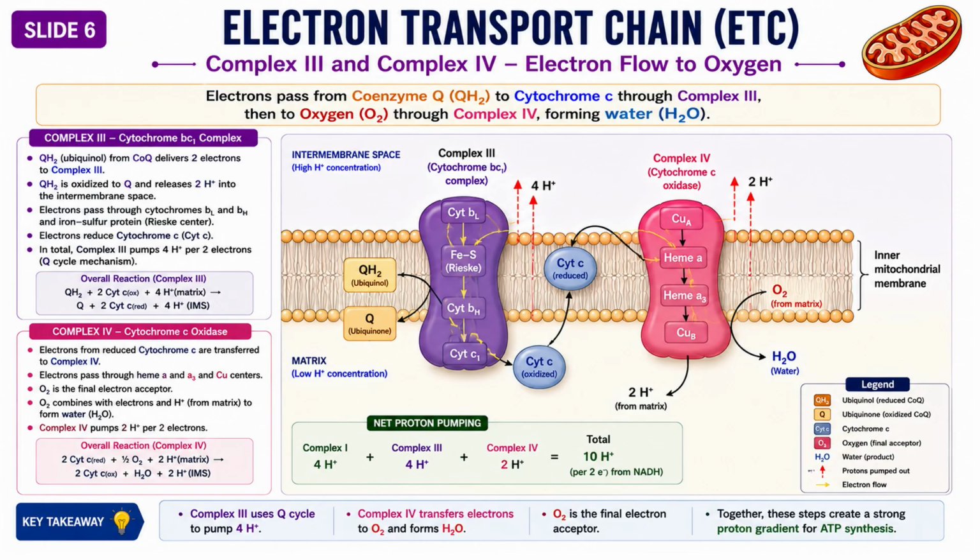Complex 4 also contributes approximately 2 pumped H+ per pair of electrons. Together, complexes 3 and 4 complete electron transfer toward oxygen and help establish the proton gradient across the inner mitochondrial membrane. This gradient provides the driving force for ATP synthesis through ATP synthase.